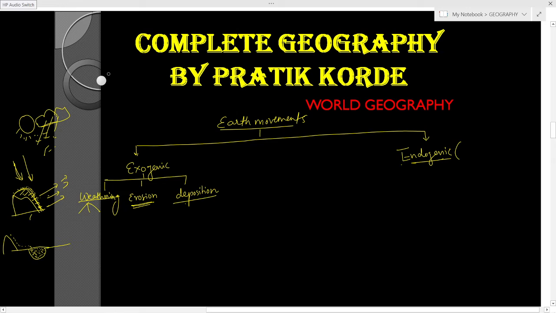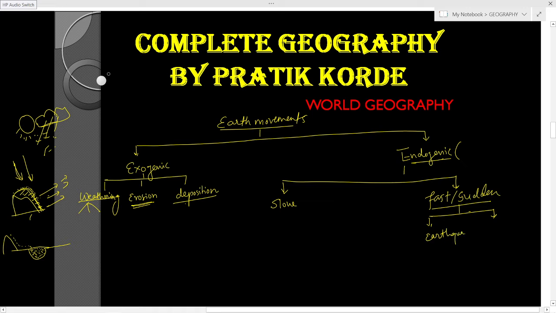Now we'll talk about the endogenic factors. There are two types of endogenic processes. The first is slow and the second is fast, or called sudden. Talking about the sudden, first is earthquake and volcano. You can even talk about tsunami, but tsunami is an outcome of earthquake.